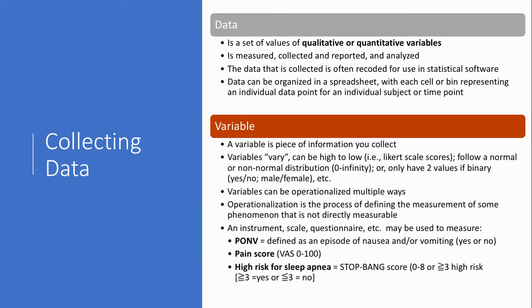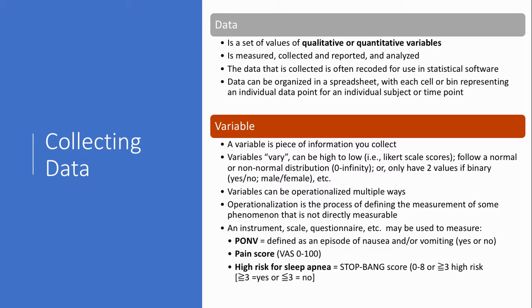So here's some definitions. Data, we already mentioned, is a set of values of qualitative and quantitative variables. It is measured, collected, reported, and analyzed. We can recode the data multiple different ways. For example, we may collect STOP-Bang scores, and in a database, an Excel file, each individual subject would have their own row.